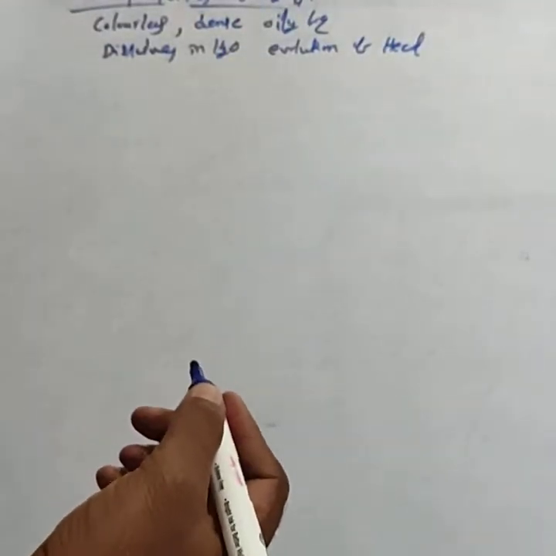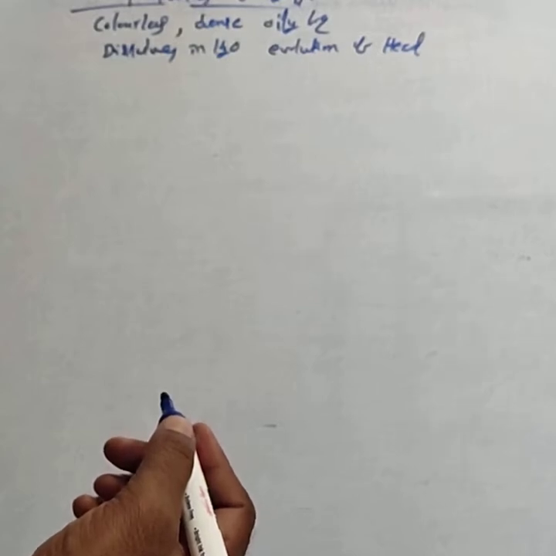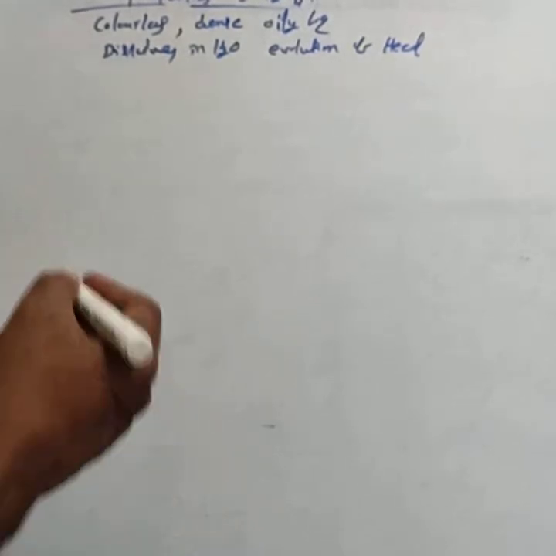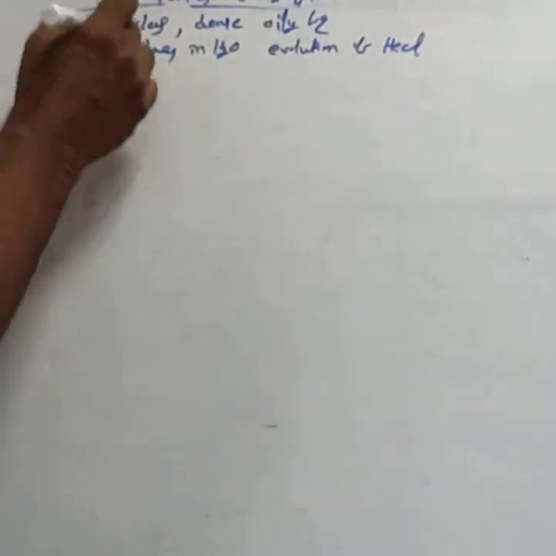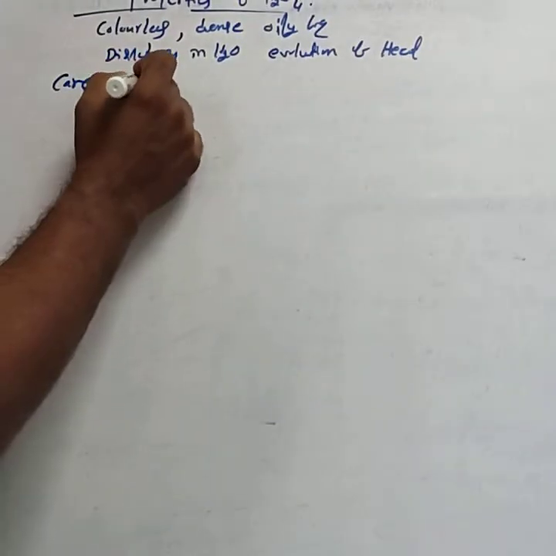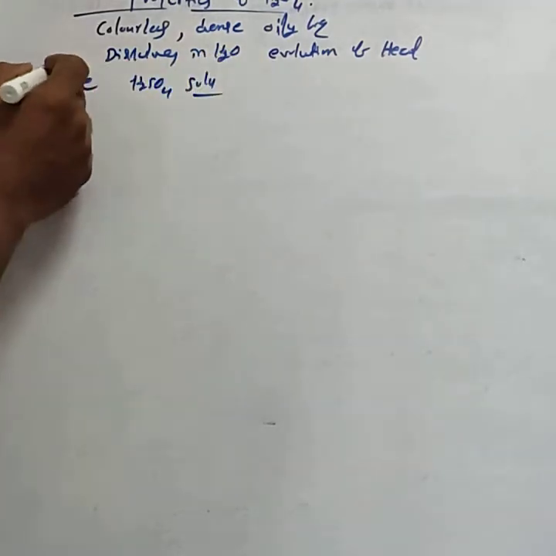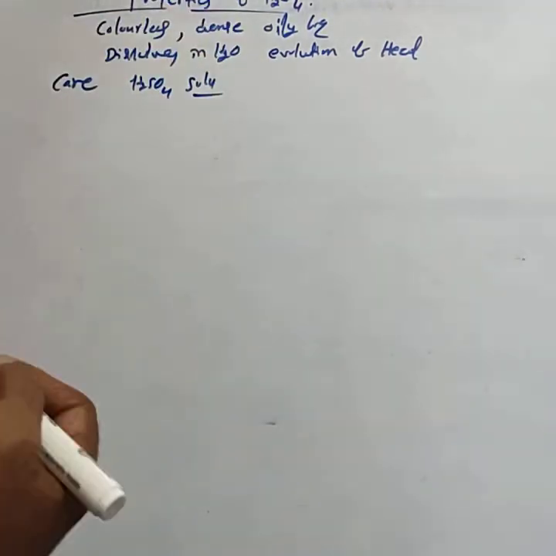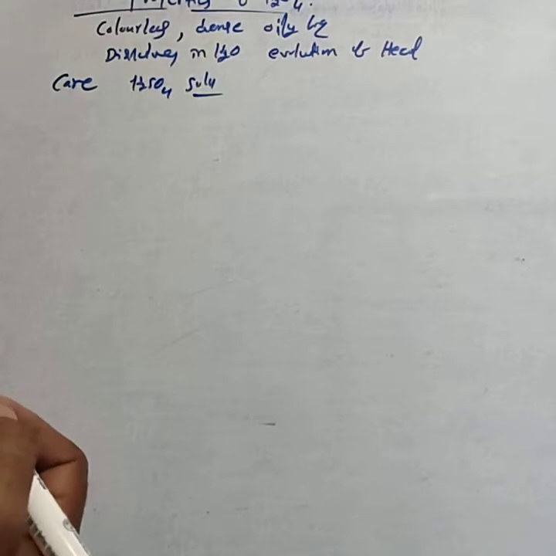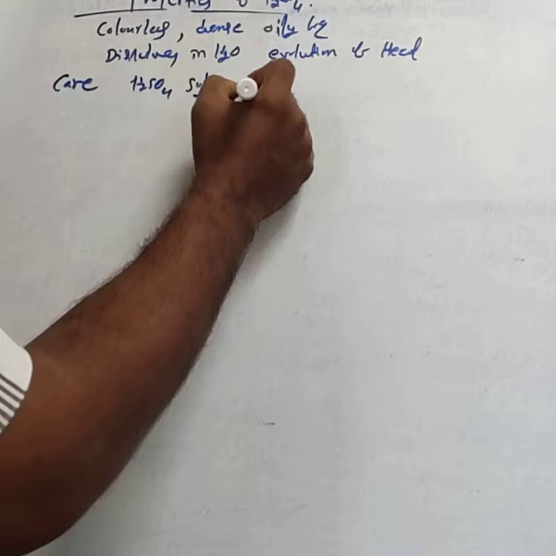If you dissolve sulfuric acid in water, a huge amount of heat is liberated. Hence, you have to take care while preparing the sulfuric acid solution from concentrated sulfuric acid.